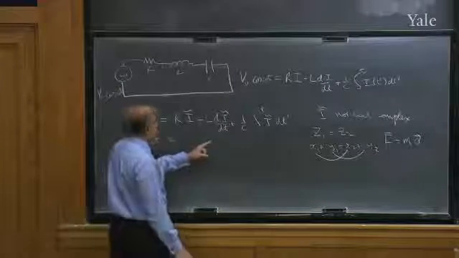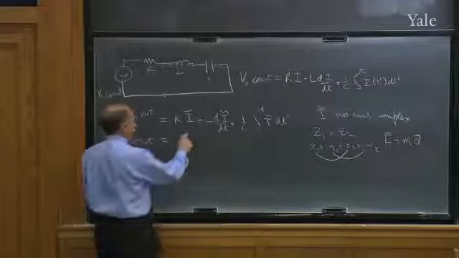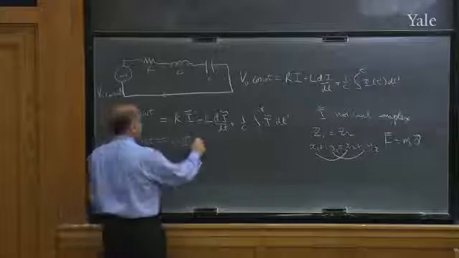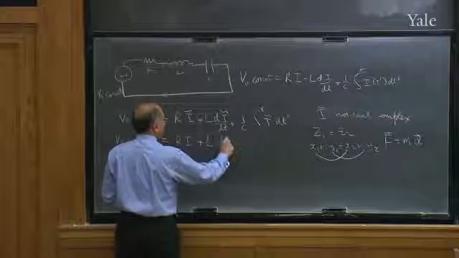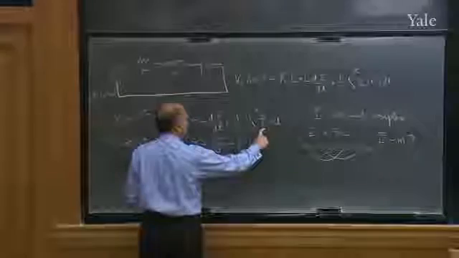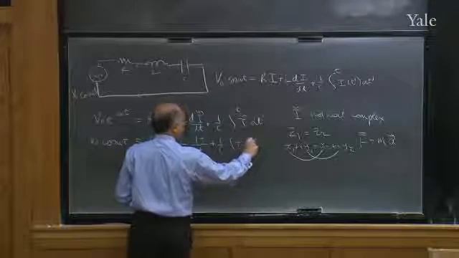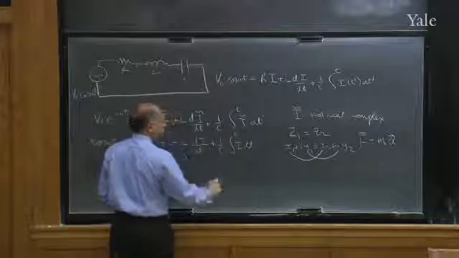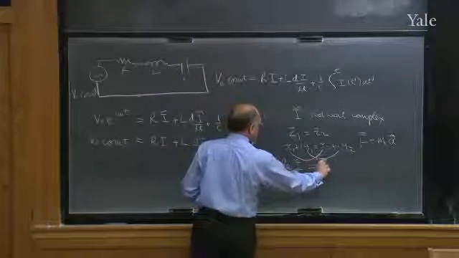On the right-hand side, I should take R times the real part of I twiddle, which I want to call I. Then I should take L times the derivative of the real part of I twiddle, which I call I. Then 1 over C times the integral of the real part of I twiddle, which I call I. In other words, let the real part of I twiddle be called I.